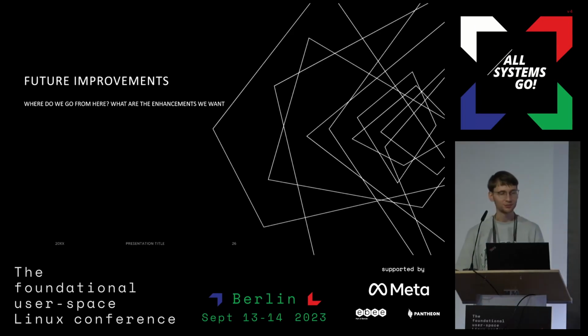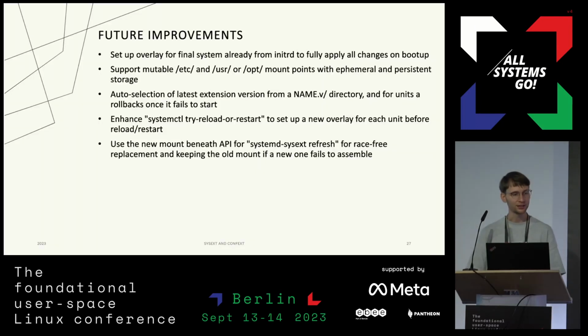Okay, so yeah, it's quite new, it's already working, you can use it, but there are certain things that we want to see improved. One important step forward would be to set up the overlay FS already from the initrd for the final system, so that when you switch root from the initrd to the final system, all extensions are already loaded.